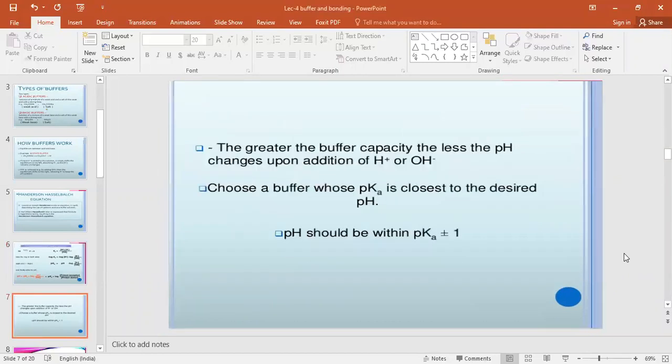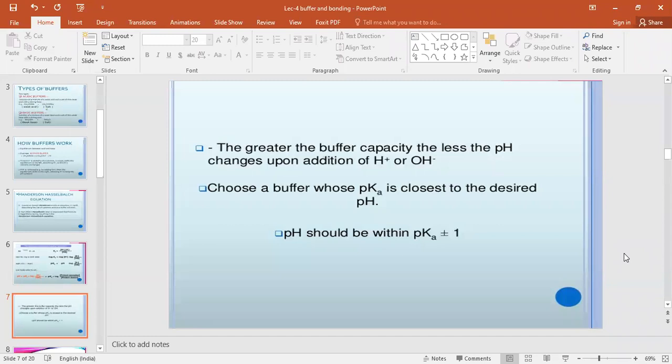Yes, the greater the buffer capacity, the less the pH change upon addition of H plus and OH minus. So this is the important thing. Okay, if that pKa value is less, that means your buffer is strong.